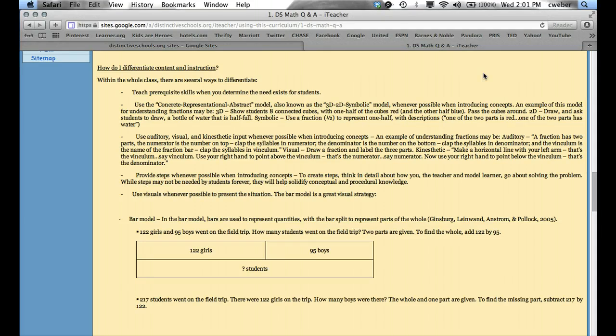Another way of differentiating instruction is to provide steps, and this is something that we've modeled in our anchor lessons. You guys, this might seem a little weird to you because as adults, we kind of know how to solve the problems. And we want kids to get to a point where it's very authentic, very seamless, very problem solving. But initially, heuristics or steps are really important for kids. So let's provide those in initial phases.